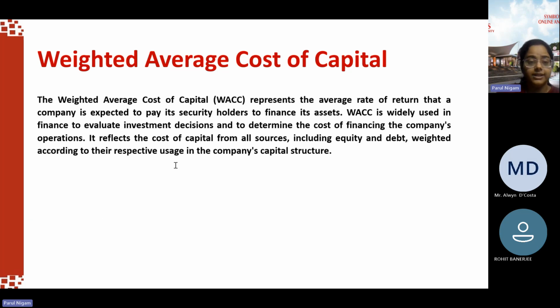Why is studying it important for international financing decisions? Because WACC helps in determining the minimum return required for international projects, helps in deciding your optimal capital structure, and affects investment decisions in foreign markets. So we have to consider it while taking care of international financing decisions.